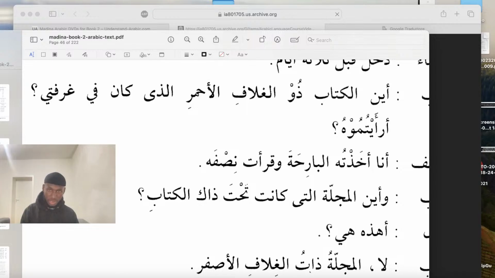البارحة. Let's write it. البارحة وخرجت نصفه.